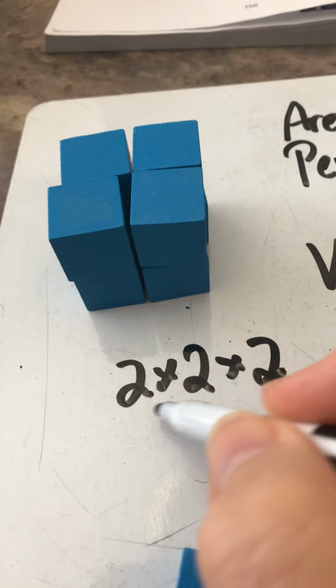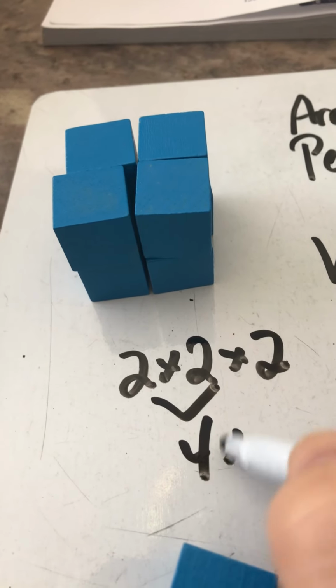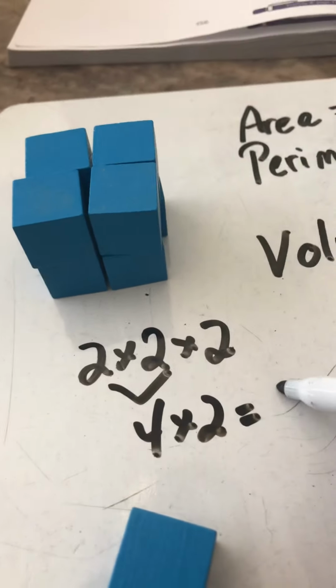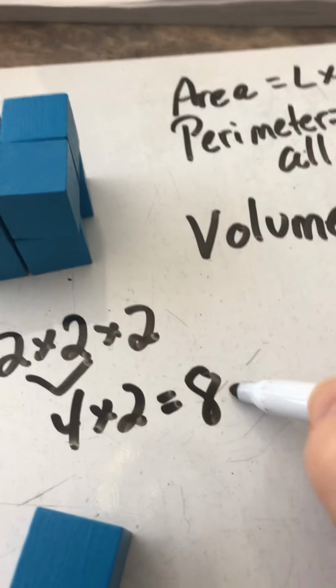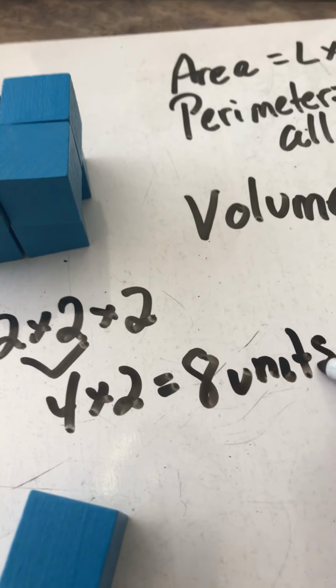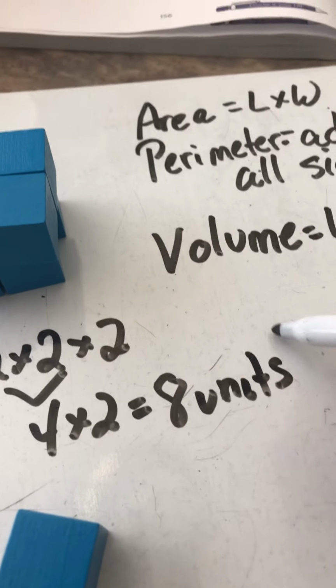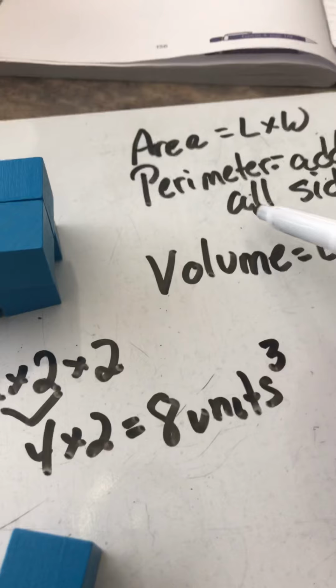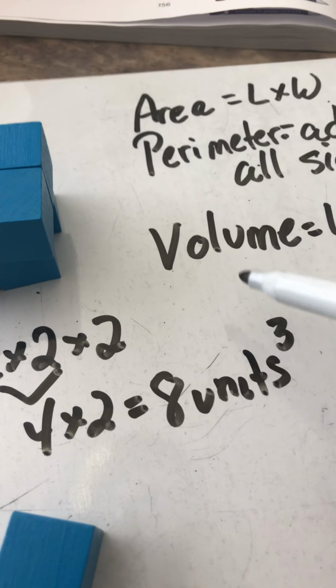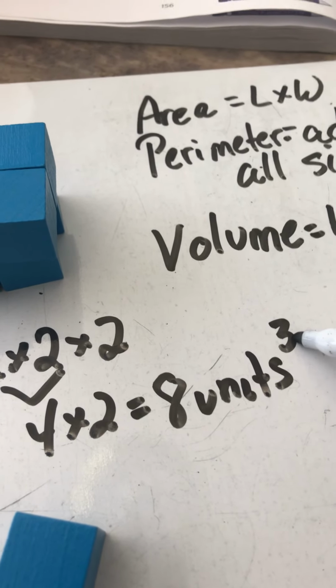So if I take 2 times 2, that's 4, times 2, that's 8. 8 units. And how many numbers did I multiply? 1, 2, 3. So instead of being squared like we do up here, when you're talking volume, it's cubed.